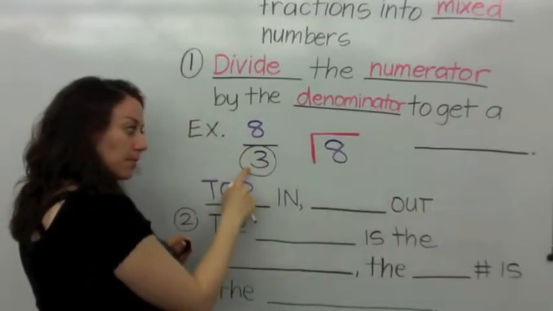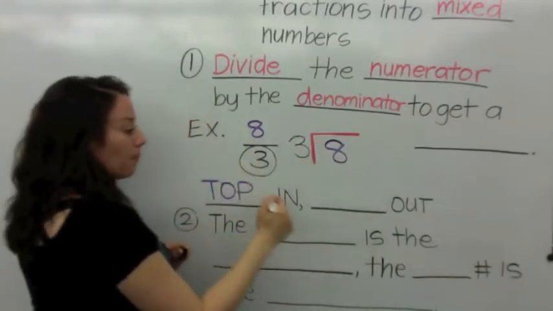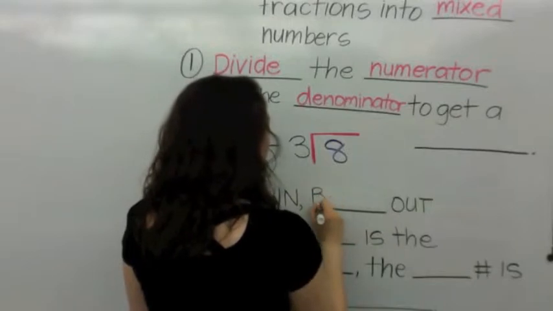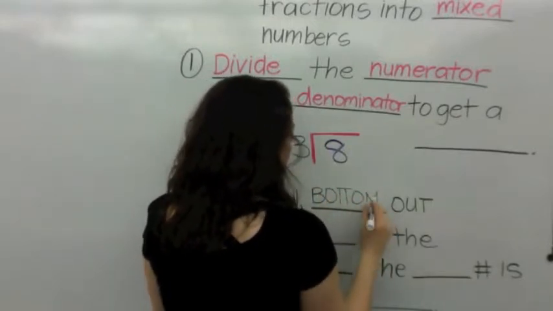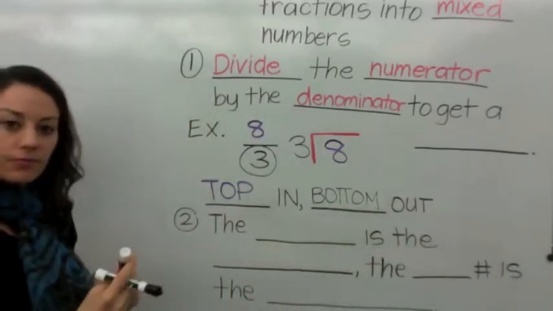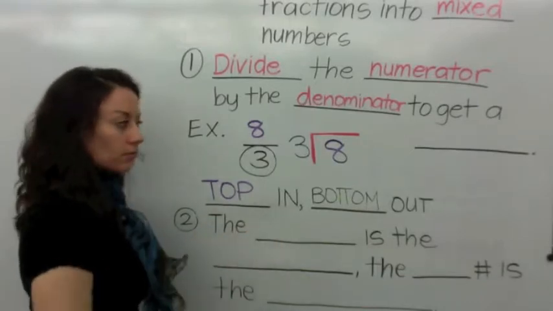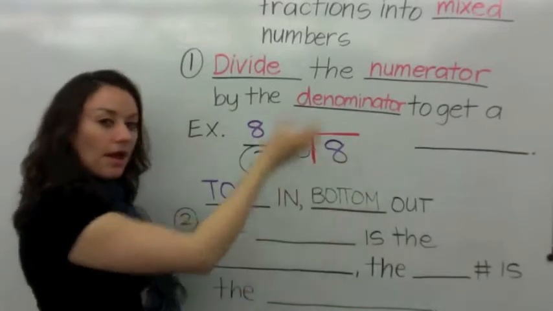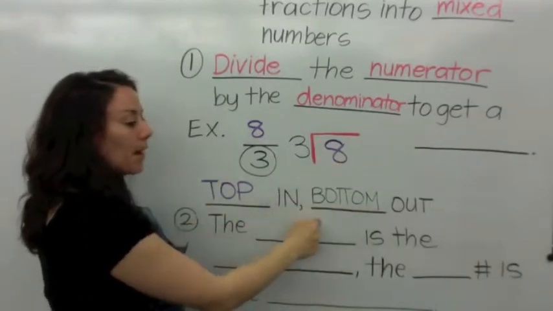What's the bottom number? It's 3. So the denominator, or the bottom number, goes out. Okay. Did you all write that down? Okay. So everyone repeat. Say top in, bottom out. Say it again.